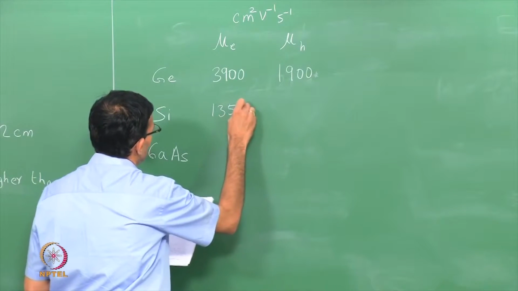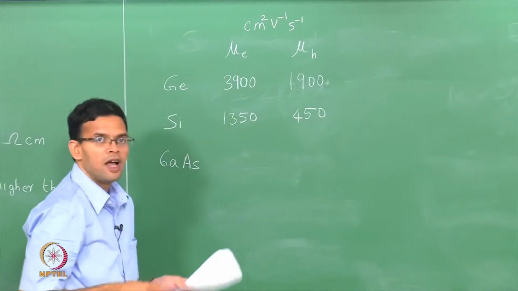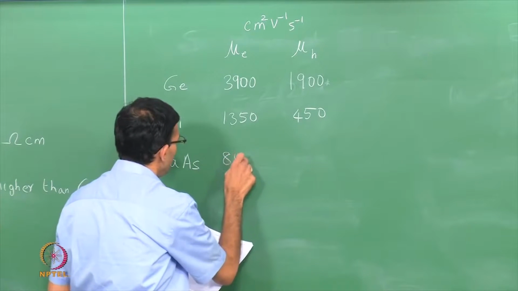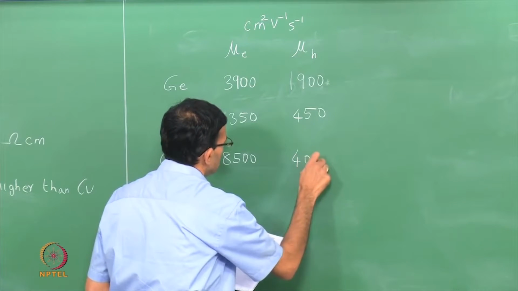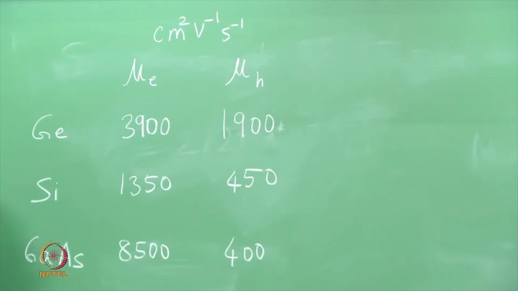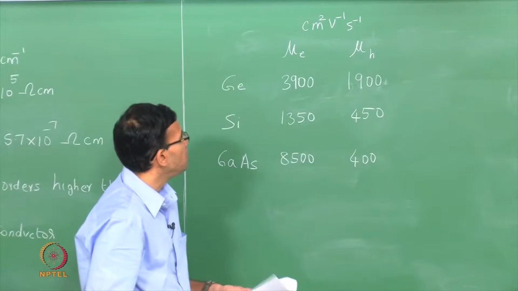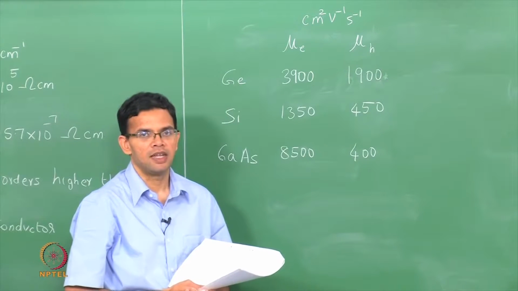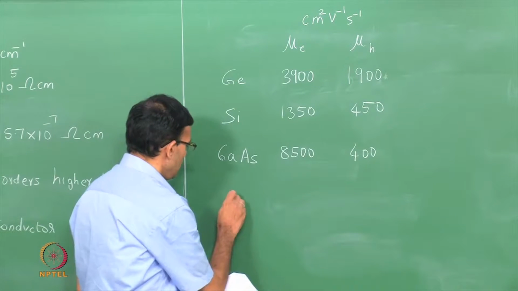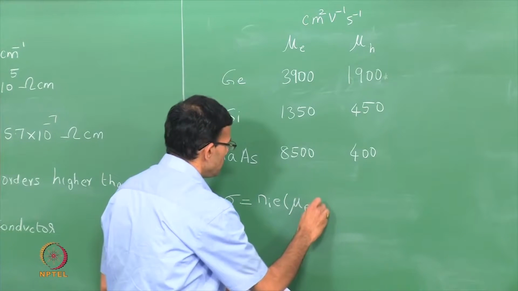Silicon is 1350 for the electrons and 450 for the holes, and gallium arsenide has a very high mobility for electrons, it is around 8500, holes is around 400. So, the question was, if you want to increase the conductivity, then what material will you choose? Based on mobility, the answer is you will choose gallium arsenide, because gallium arsenide has the highest mobility, and we know that sigma is directly related to the mobility.